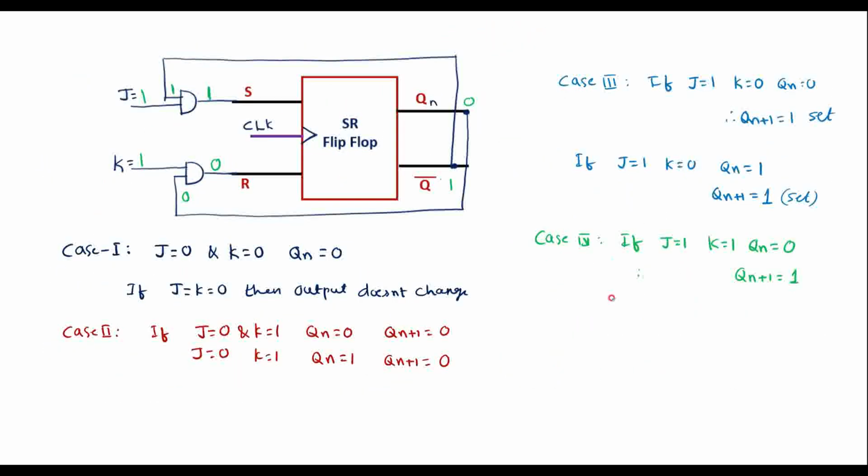So here I'll take, if J is equal to 1, K is equal to 1, Qn is equal to 1. I'll take Qn is equal to 1 and this will become 0. So this 1 will appear here and this 0 will appear here.